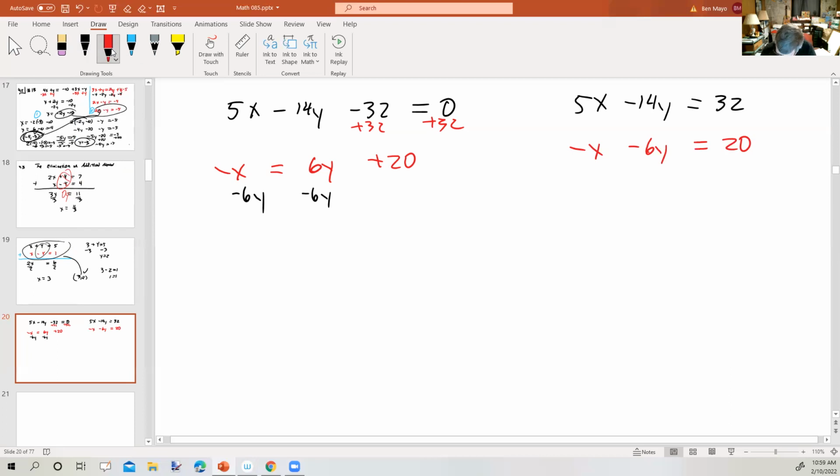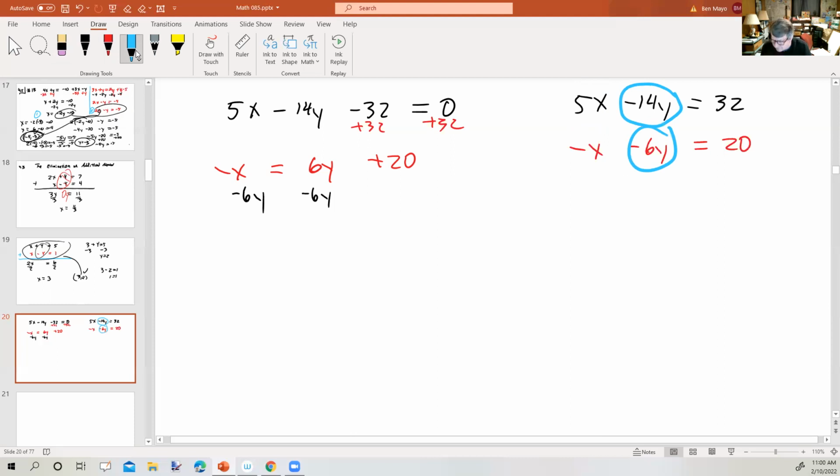But I have another problem. For one of the variables to cancel out, I have to have opposite coefficients. If it was 5x and minus 5x, and I added them together, the x's would cancel. Or if I wanted to get rid of the y's, negative 14y, negative 6y, I would have to manipulate both equations to where the coefficients were opposites.